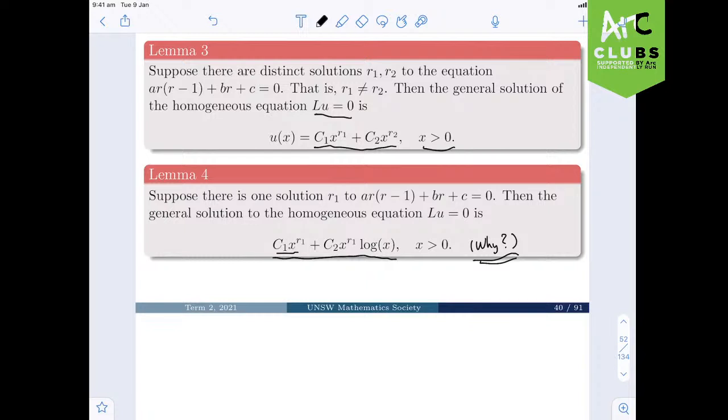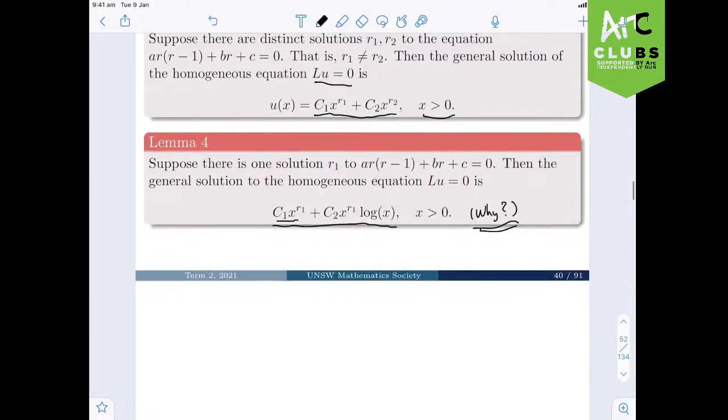Does anyone know? Yeah, reduction of order. That's exactly right.